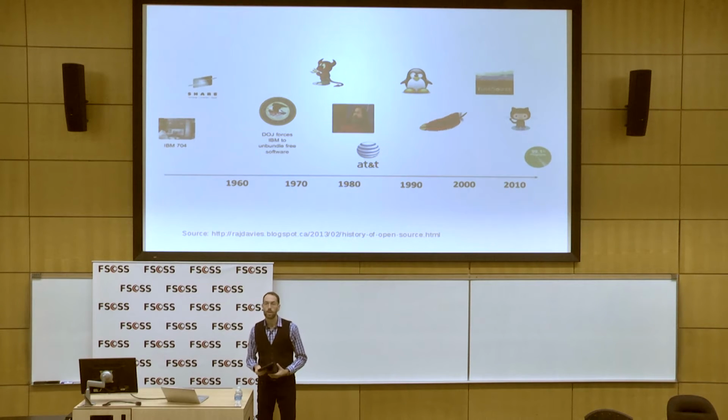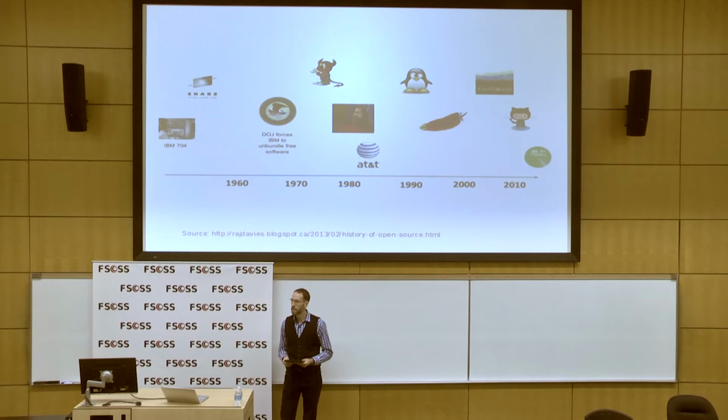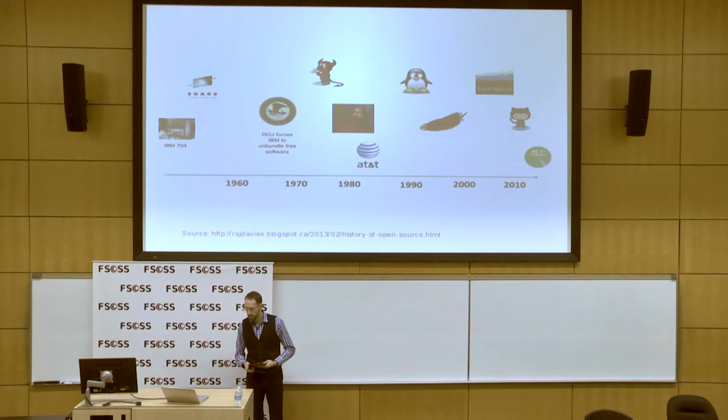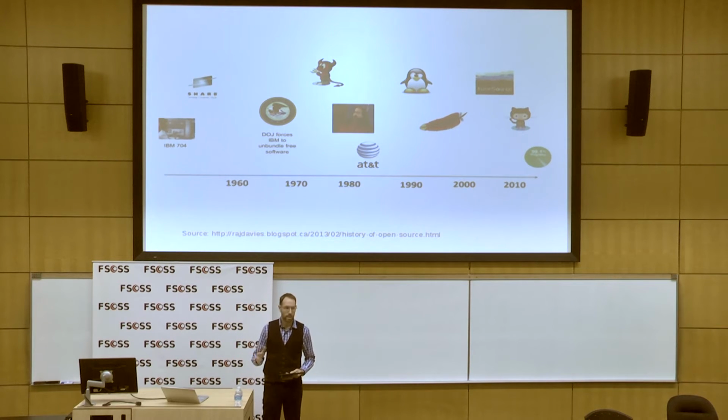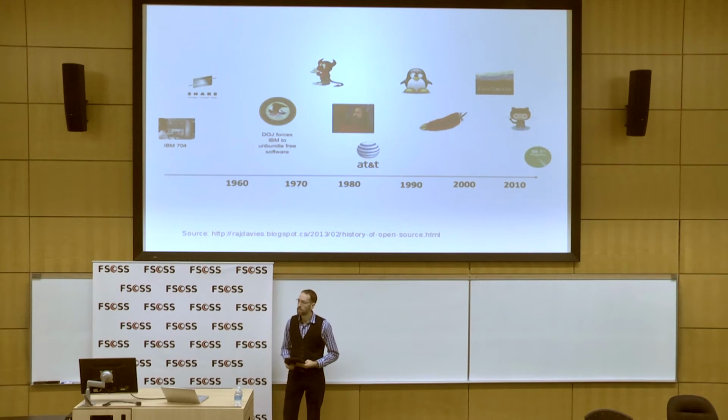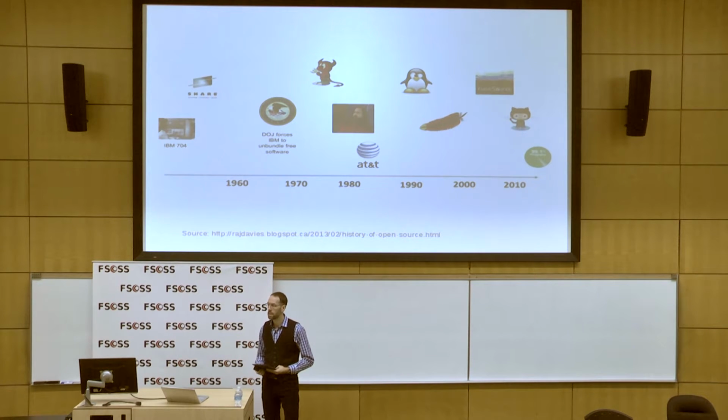The people who had access to the few computers that there were, as a matter of course, were sharing their code with all the people involved, and it was very much a collaborative effort. Things started to change somewhere around the 1970s, 1980s, when software was unbundled from hardware, and it became less and less common for the source code to be shipped with the binaries.